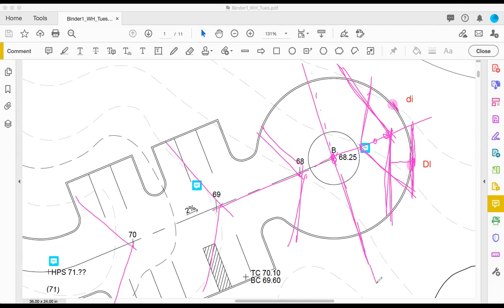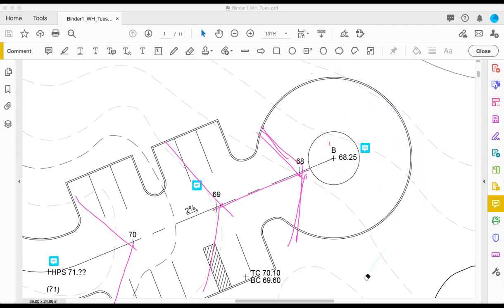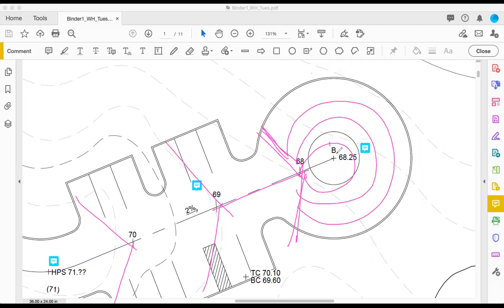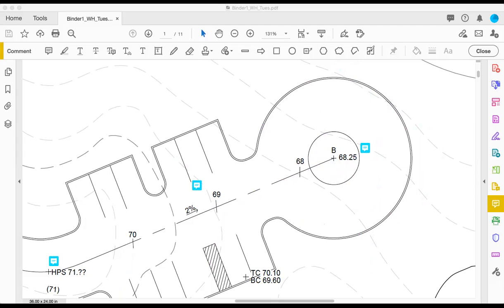Or if you decide to transition into a circled pattern like that, there are ways to make the B point the lowest point. The bottom line is that you need to look at your contour pattern and find out whether B is the lowest point, and if not, where the lowest point is, and that's where you put your DIs. Right?